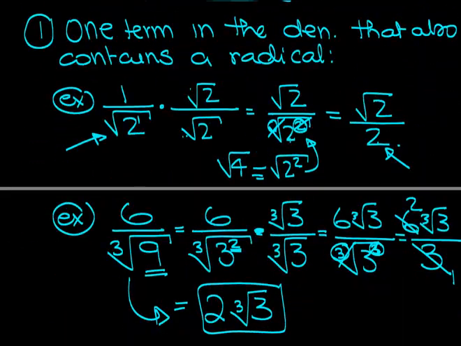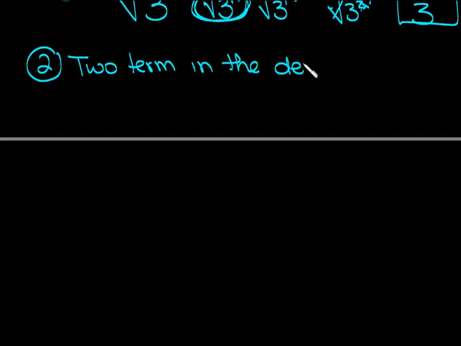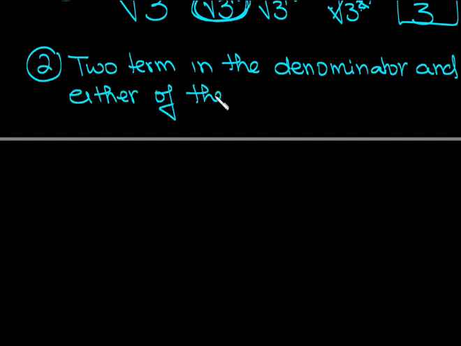Let's take a look at the second type of problem that we come across when we are rationalizing, where we have two terms in the denominator and either of them can contain a radical.